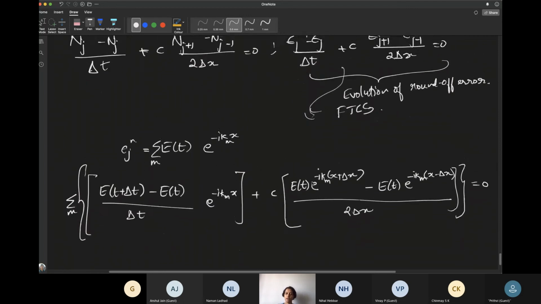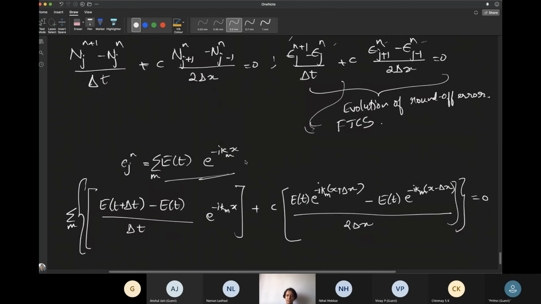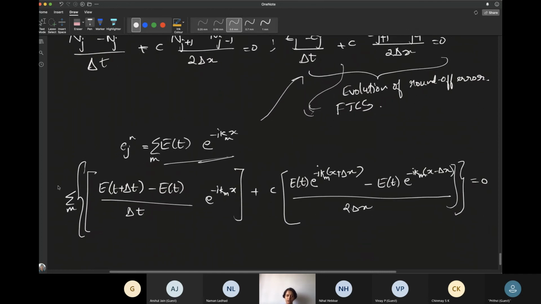So now when you substitute this approximation into this evolution equation, you get this equation.